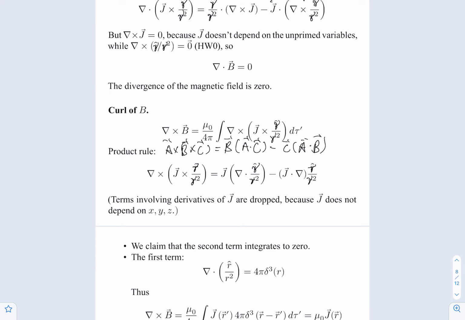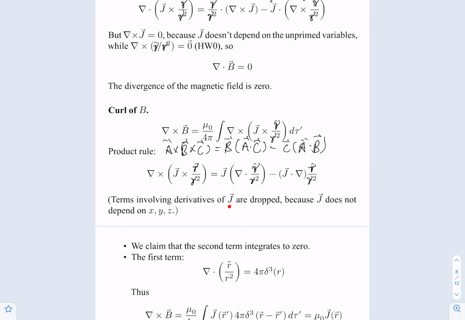So in principle, there are 4 terms, but we neglect some of them because we just calculated that the del operator operating on J is 0.